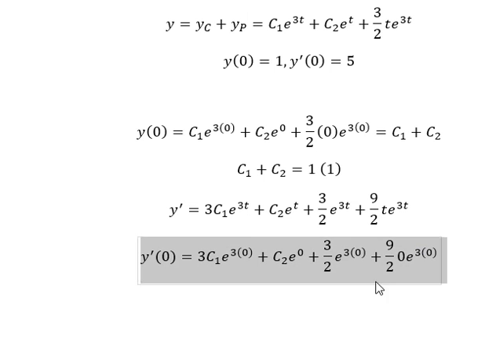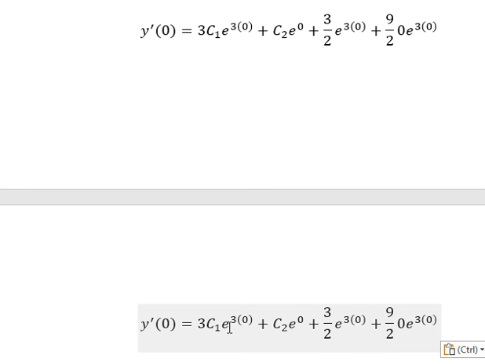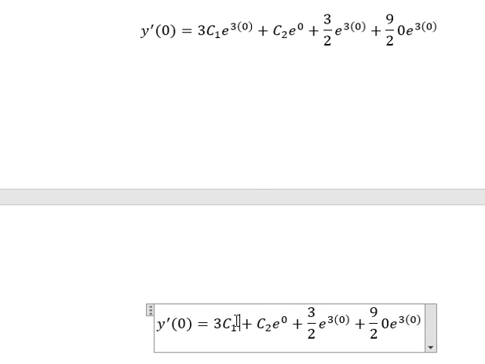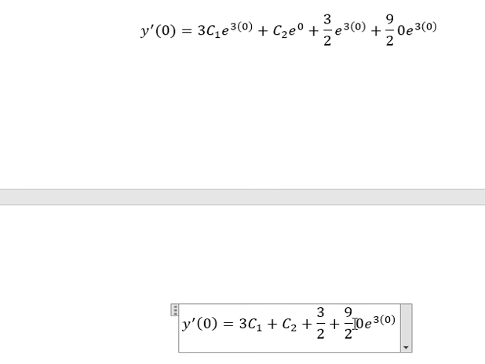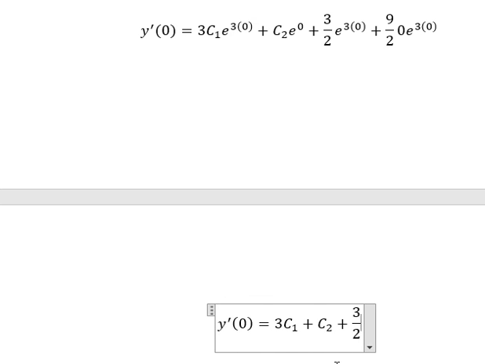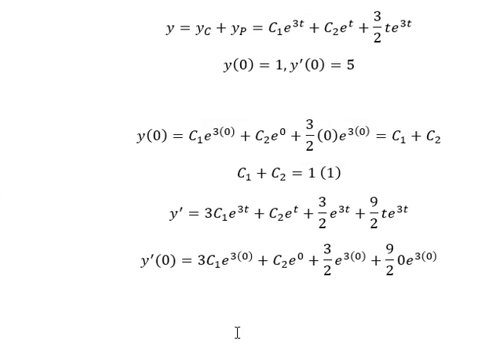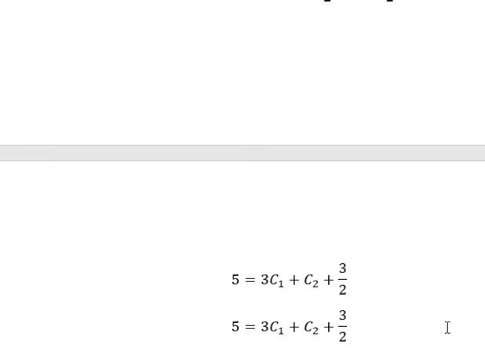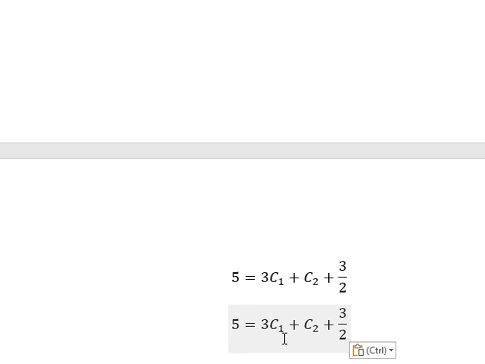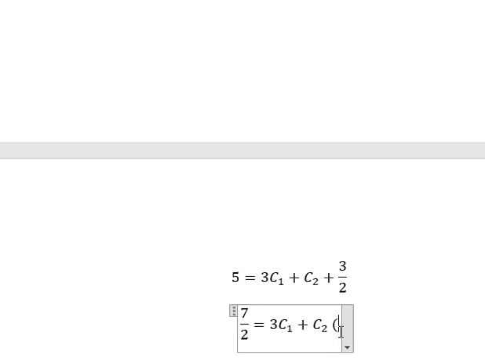Now we need to simplify. e to the power of 0, we have number 1, similar for this one and this one. This one you got 0. And we know that this one is number 5. So we put 3 over 2 to the left, and we have 7 over 2. So we have equation number 2.